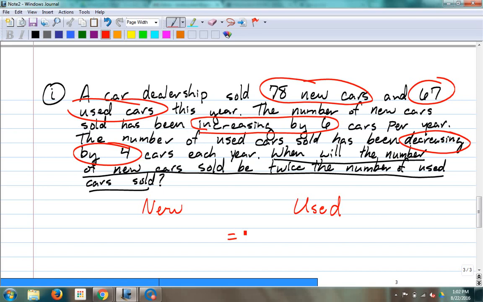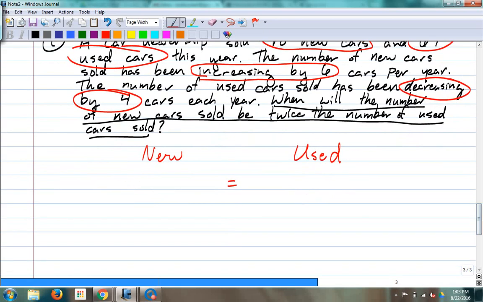And it says they had 78 new cars that they sold this year, and it's been increasing by 6 every year. Okay? So if they had 78 this year, to get next year's, they'd say plus 6, right? And then to get 2 years from now, they'd say plus 12. And to get 3 years from now, they'd say plus 18. So they're saying 6 times every how many years it's been.